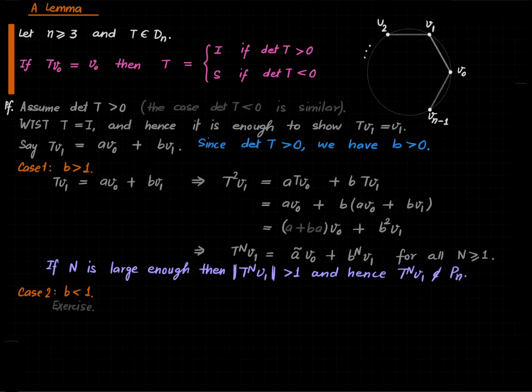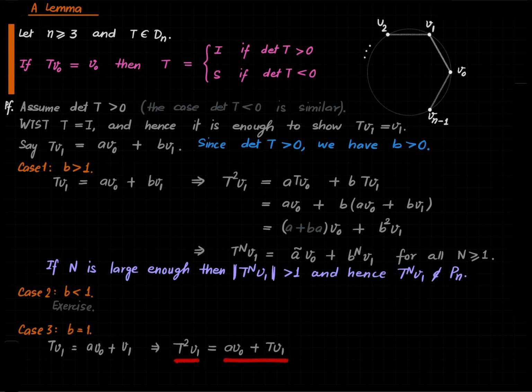And the last case is that b is equal to 1. In this case, we have TV1 is equal to AV0 plus V1, which implies T squared V1 is AV0 plus TV1, because T fixes V0, so I'm not writing TV0 this time.